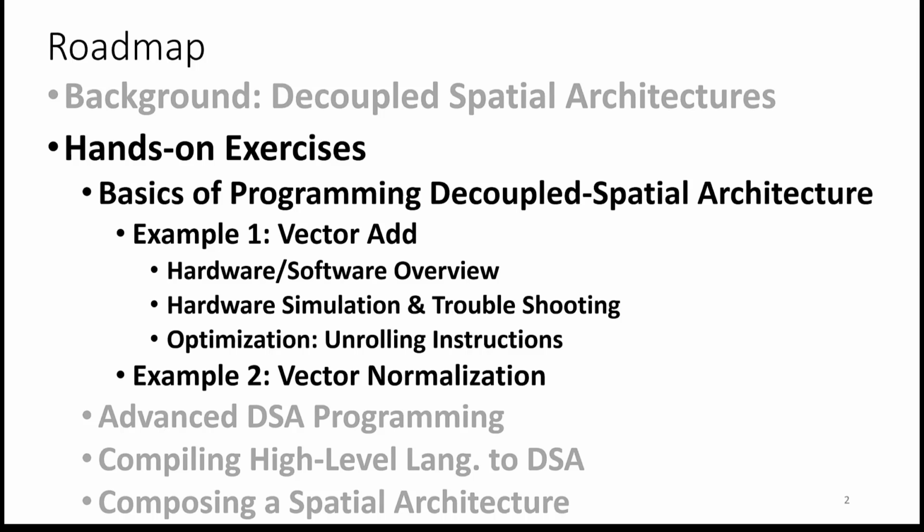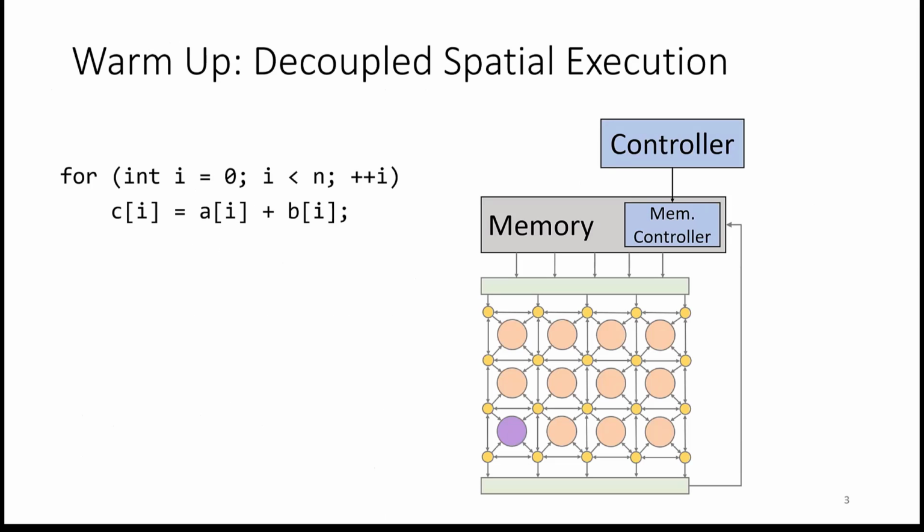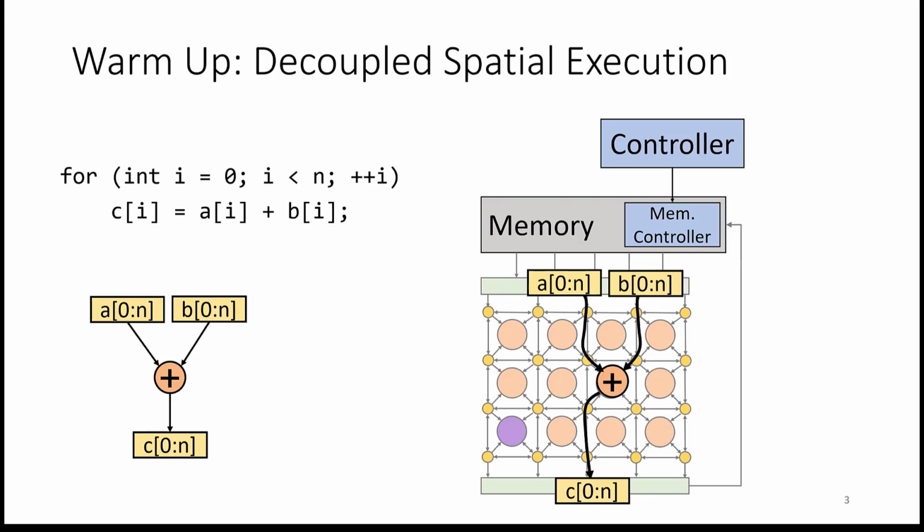So let's start. To program an accelerator with the decoupled spatial execution, we should have a graph like this in your mind. First, the computational instructions and the memory operations should be decoupled and represented in a data dependence graph, so that this graph can be mapped onto a spatial architecture composed of switches and processing elements.